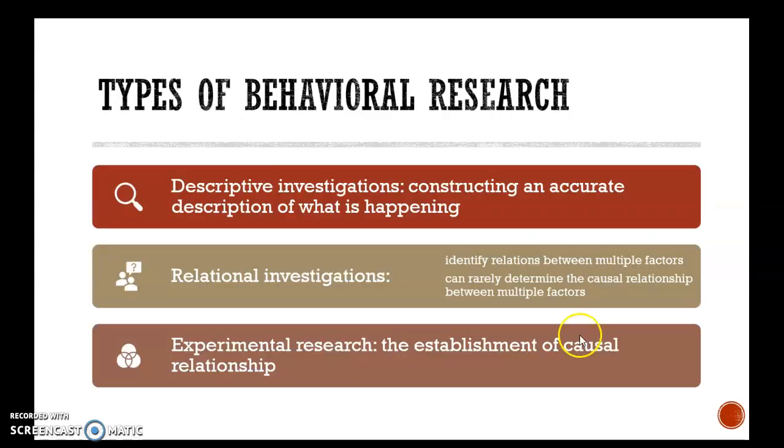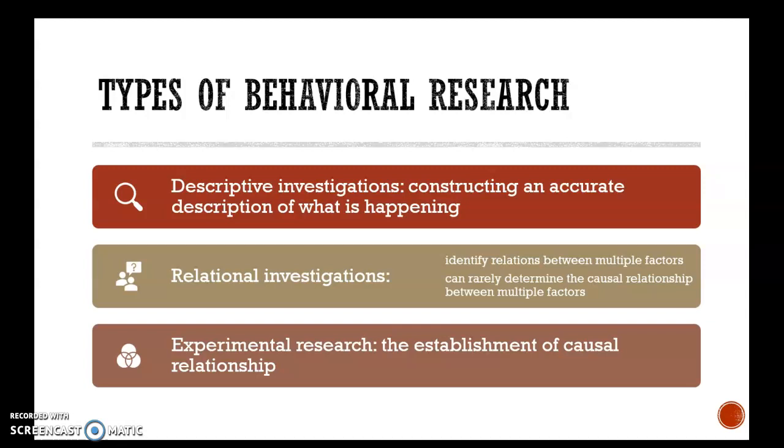So let's talk about each of them. So different types of behavior research. There are three types of investigation. One is descriptive, one is relational, and one is experimental research. First, descriptive investigation is constructing an accurate description of what is happening.